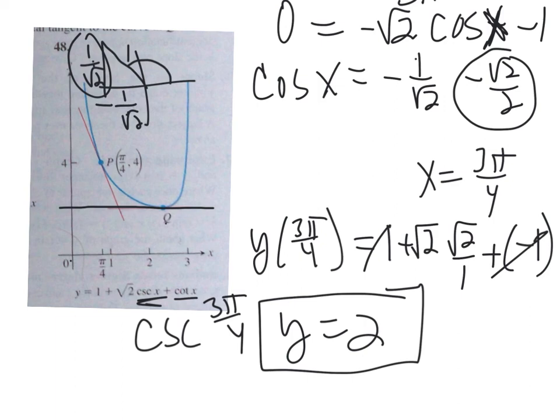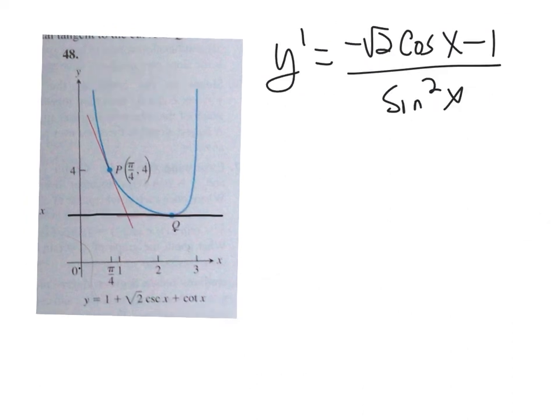Let me stop the video and clean it up a little bit for the one at P. Okay, so now let's evaluate the derivative at pi over 4. Because remember, what we're trying to do is find this equation.